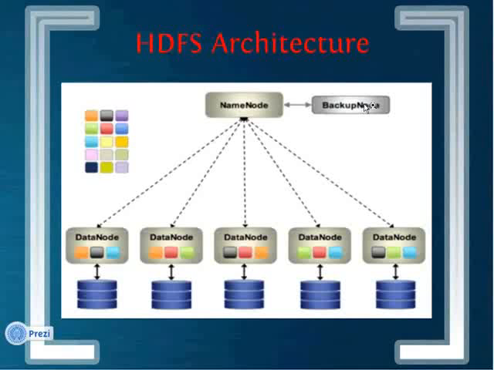Just like in school we have a vice principal, so that in case the principal is absent, there is someone to take care of things. So we have one name node, one backup node, and apart from these two machines, we have 5 data nodes, which are actually my 5 slave machines. These dotted arrows indicate that the name node is controlling all the slave machines, so you can say the name node is controlling all the data nodes.